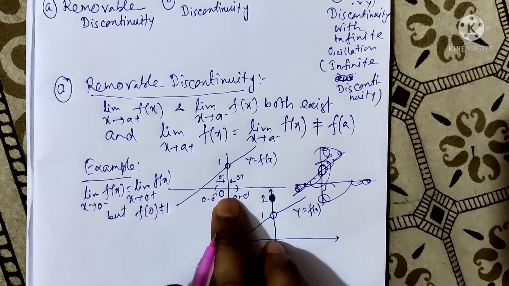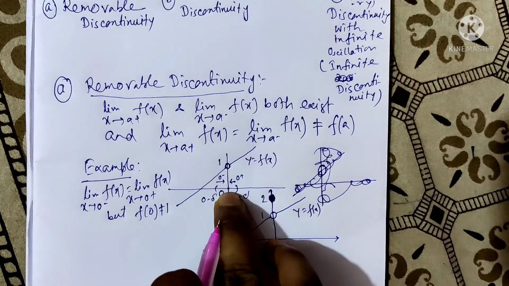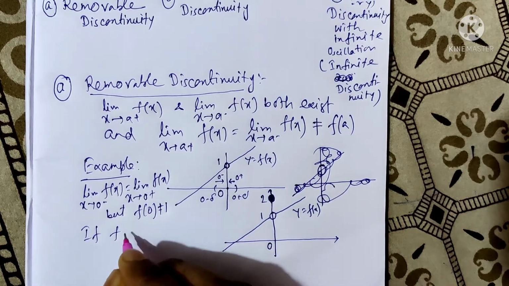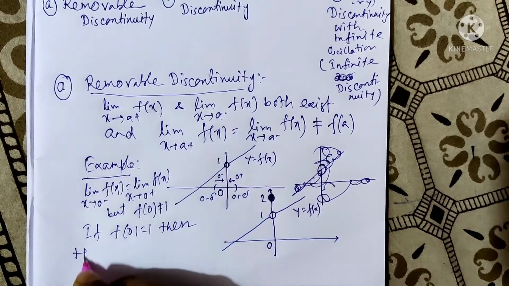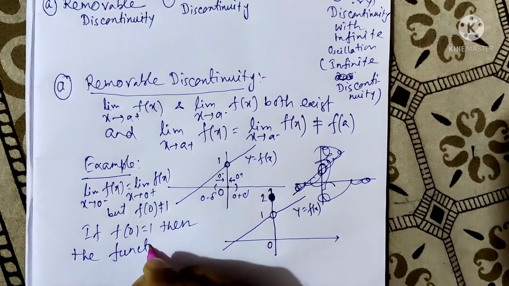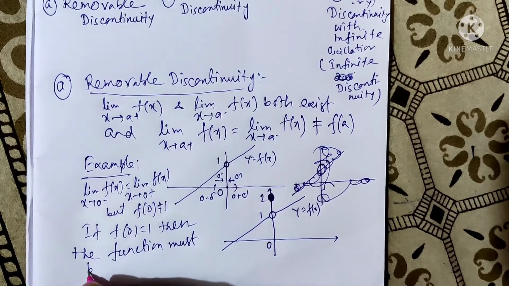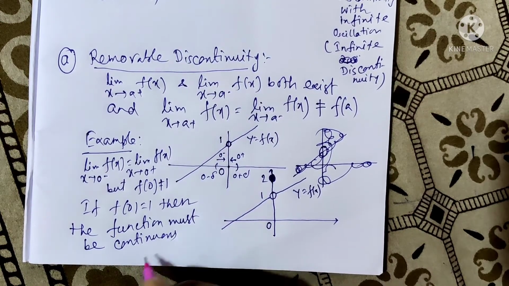If f(0) equals 1, then the function must be continuous.